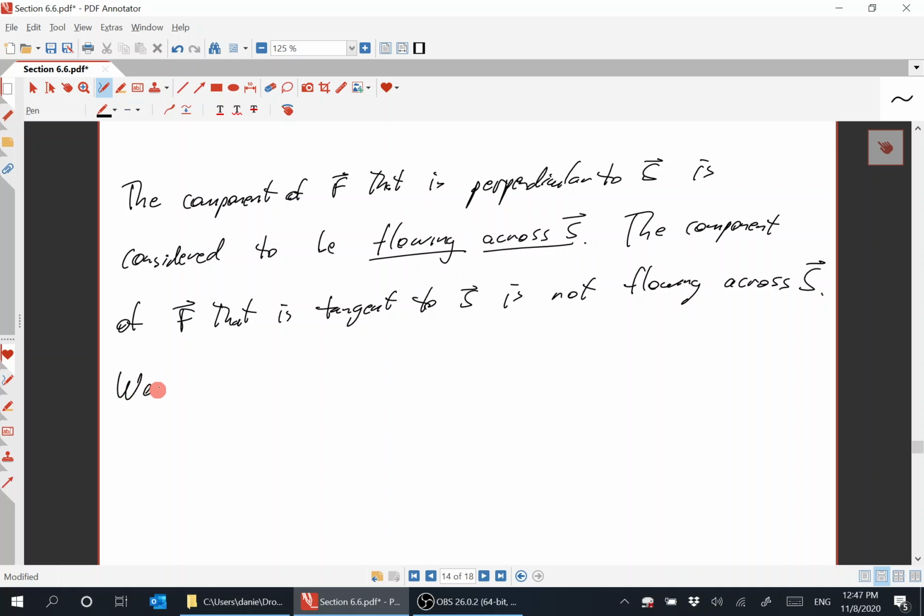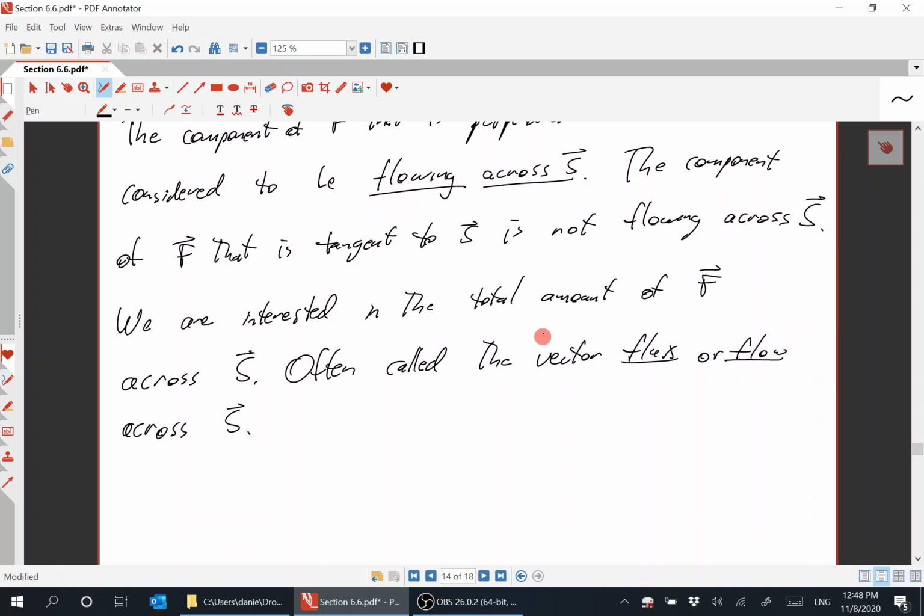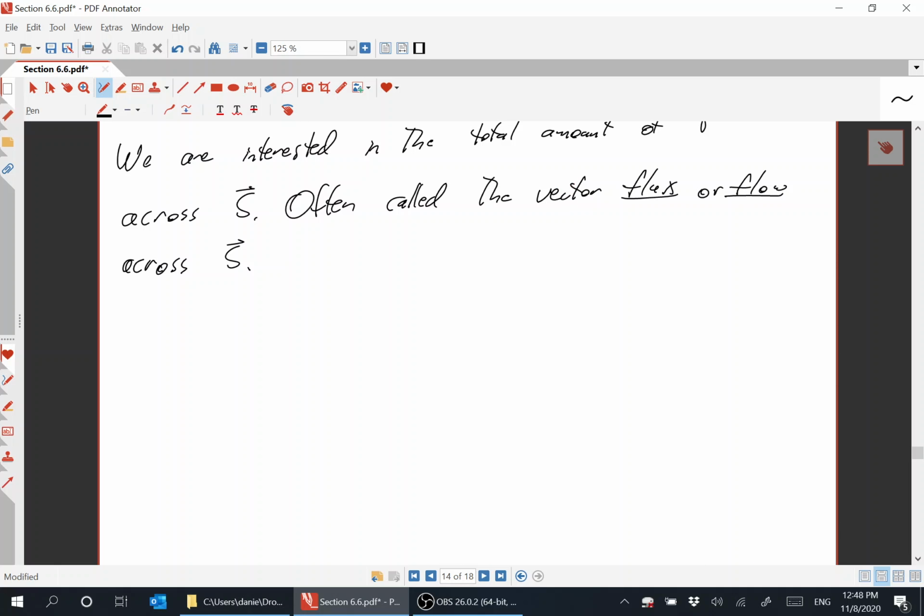We are interested in the total amount of F across S, often called the vector flux, or flow across S. So how do we isolate the bit of F that's going across S, the bit of F that's perpendicular to S?